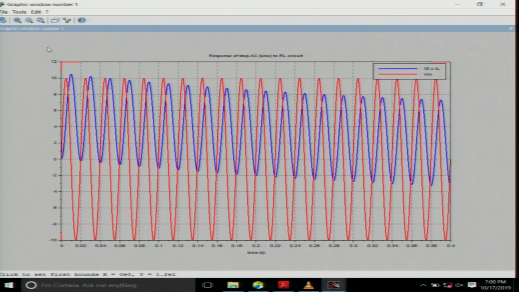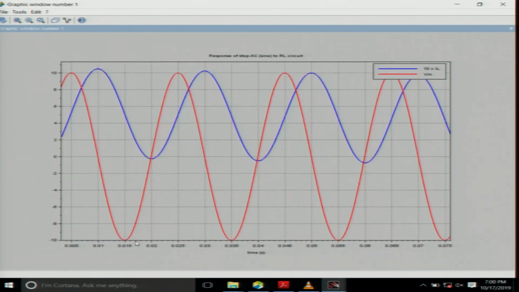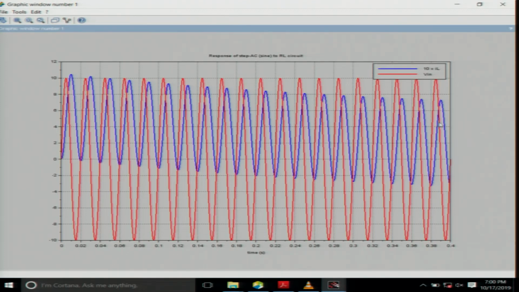Okay. So, what you find here is more than 10 times less. The current is in fact roughly 1 ampere, it is scaled, it is multiplied by 10. So, what you are seeing as a peak of 10 ampere is actually 1 ampere, and you have got a decaying offset. But if you look at the steady state, eventually the offset dies down, and it settles down to a sinusoid.